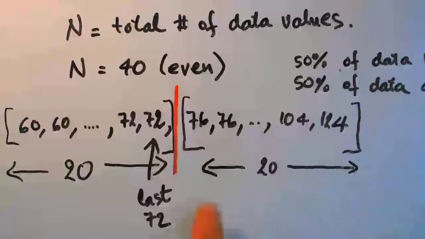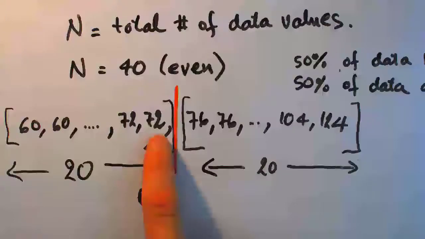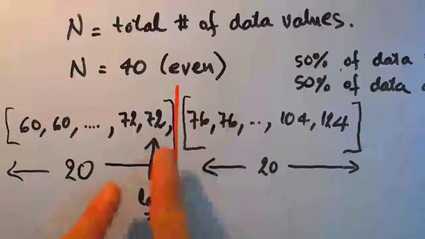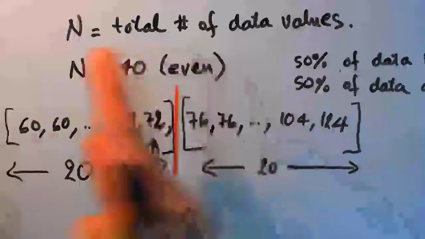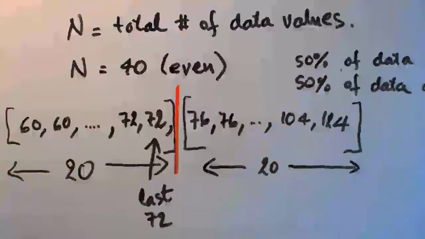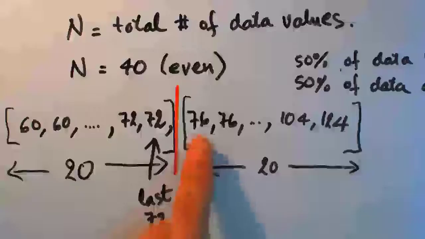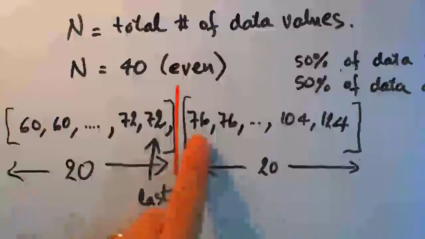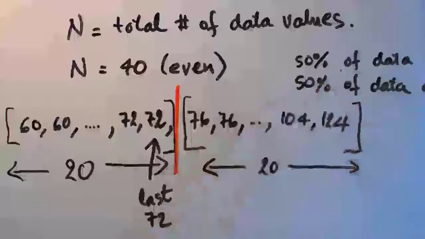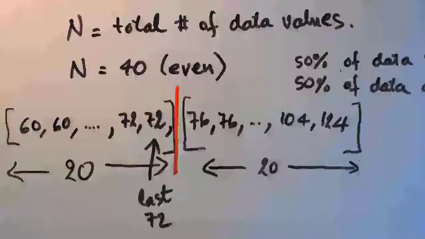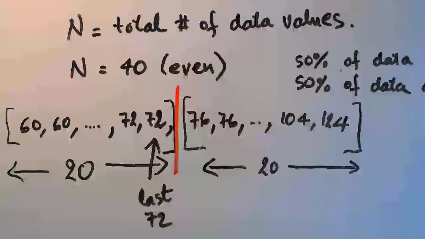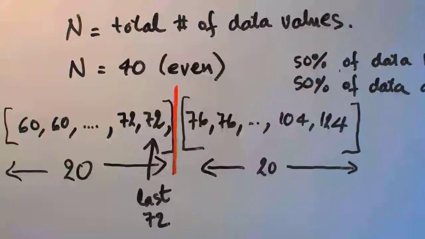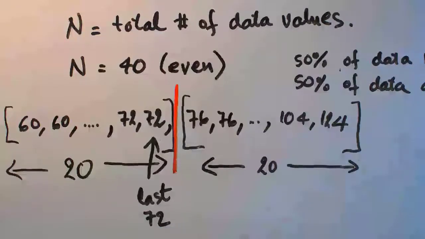The idea is that if the cut is that last 72, it's not fair because that cut is already falling into the bottom half of the data, and it's not what we're looking for. If you're looking at 76 to be that cut, then that 76 already fell into the upper half of the data, which is also not the median, because we're looking for the cutting value that divides the data into two equal halves.